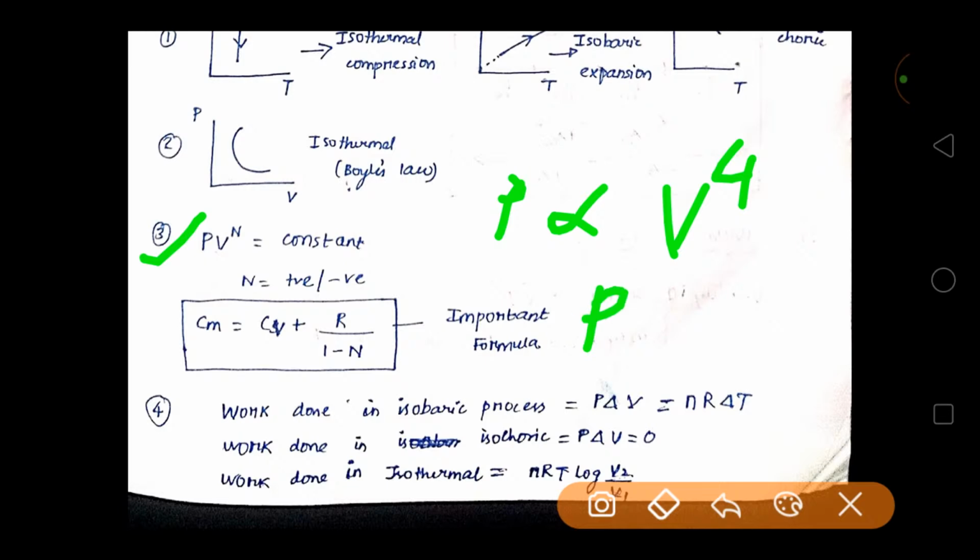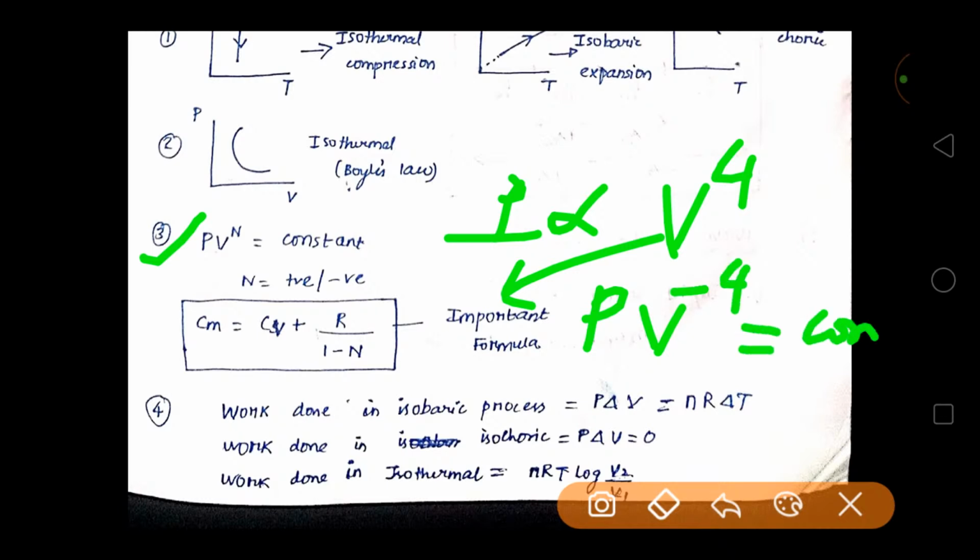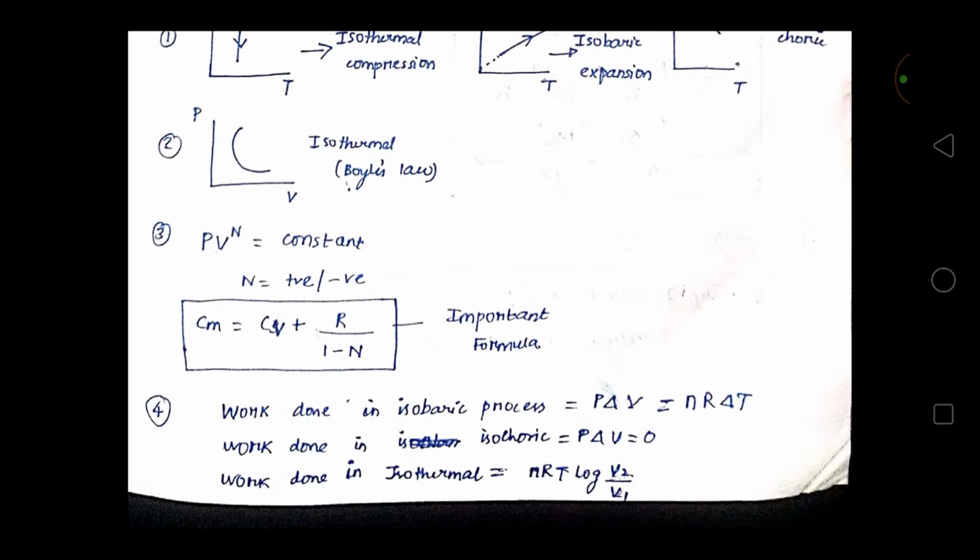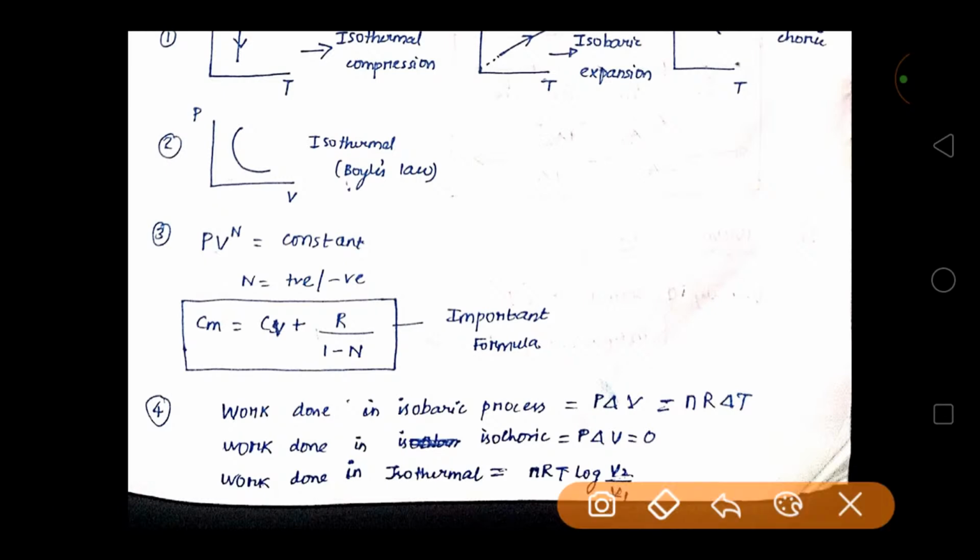So I have to rewrite it. Bring this P by V power 4, PV power minus 4 is equal to constant. So what is the n value? Minus 4. Like this you have to bring it to PV^n is equal to constant. n is either positive or negative. Now what is this Cm? Molar specific heat capacity.